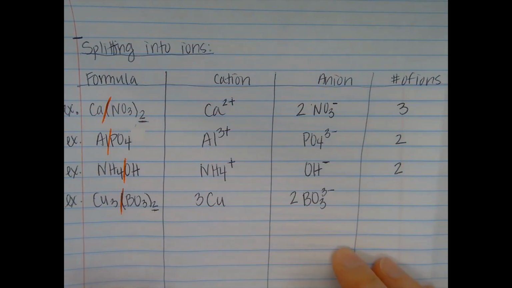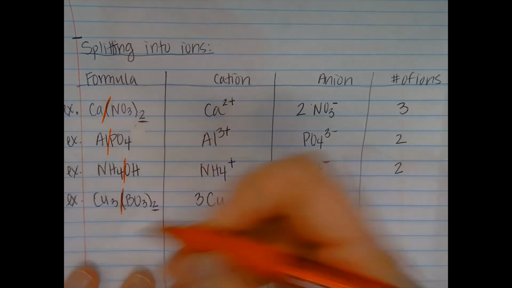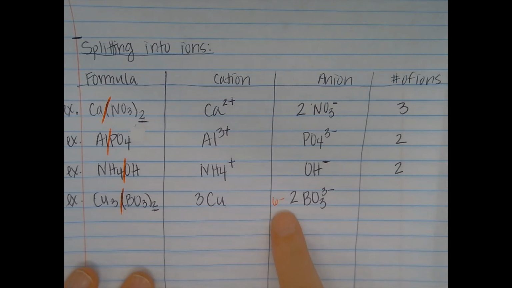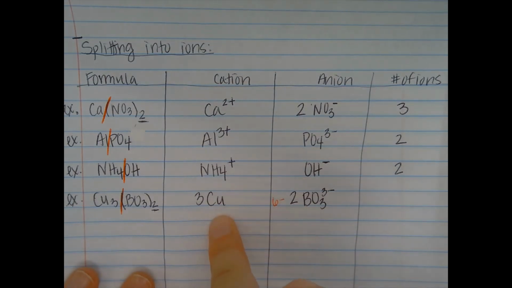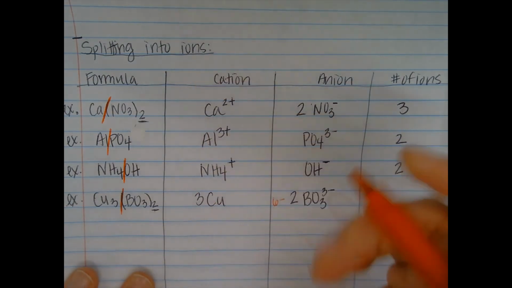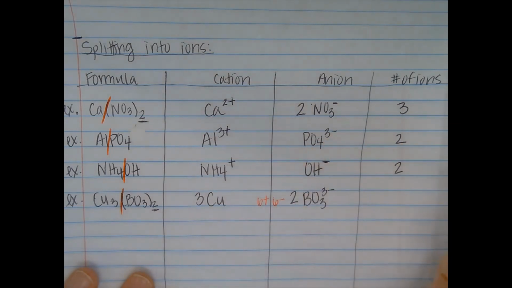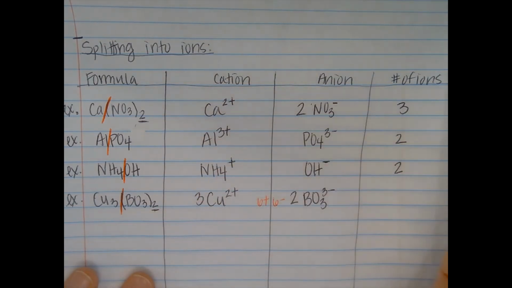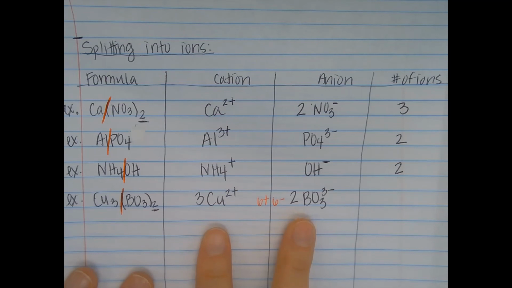So what's 3- plus 3-? 6-. So if I have a total of 6 minuses, how many pluses must I also have if it's neutral? 6 pluses. But I have 3 coppers. So what is the charge of each copper going to be? 2 plus. So if I were to say this name out loud or write the name, I would say copper(II) borate.